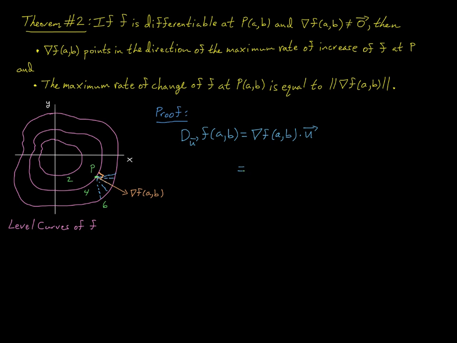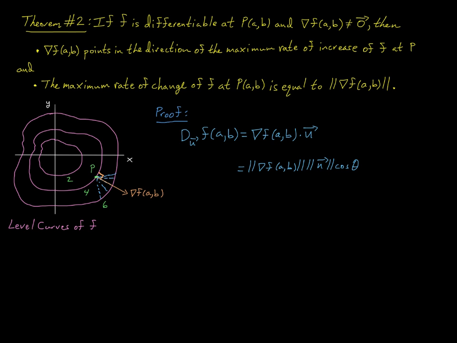And now, if you recall again from Calc 3, dot products can be computed in terms of magnitudes. This would be the product of the magnitudes of these two vectors times the cosine of the angle between the two vectors.